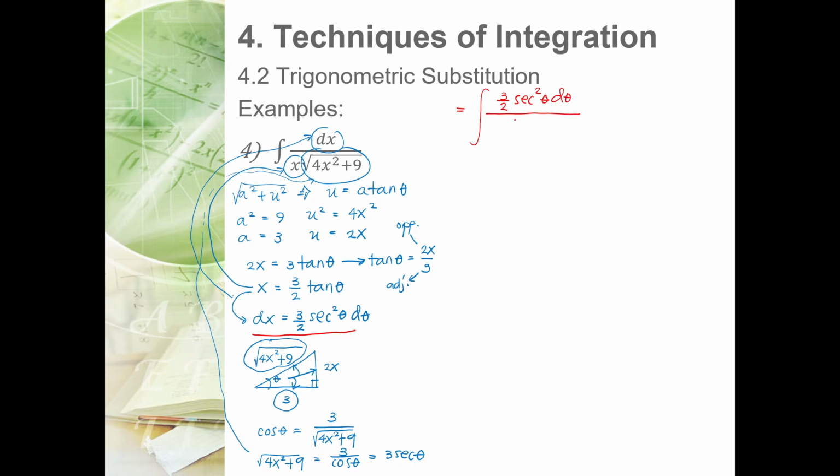Next is the denominator, so that will be 3 halves tangent theta, then multiplied by the radical expression, which is this term here, 3 secant theta. Cancelling out 3 halves, cancelling out 1 secant, what's left is the integral of secant theta d theta all over 3 tangent theta.